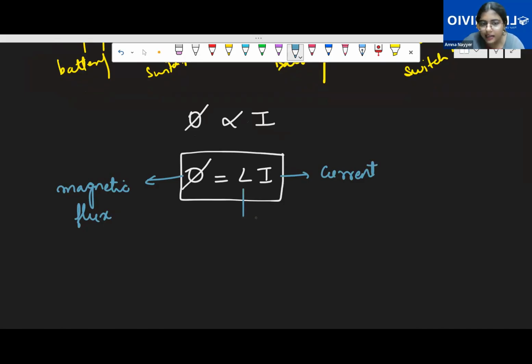What is this L? This is the new term, the coefficient of self-induction. Coefficient of self-induction.